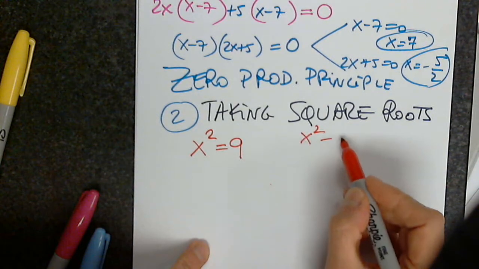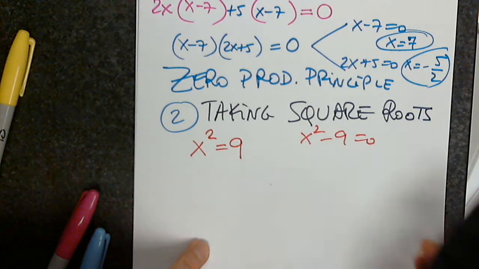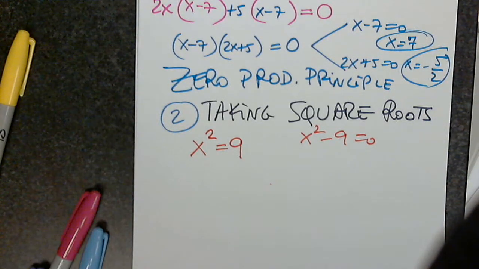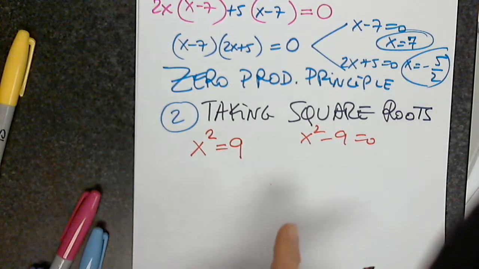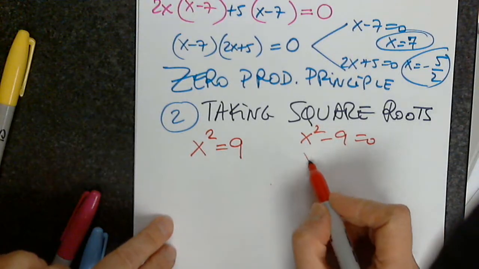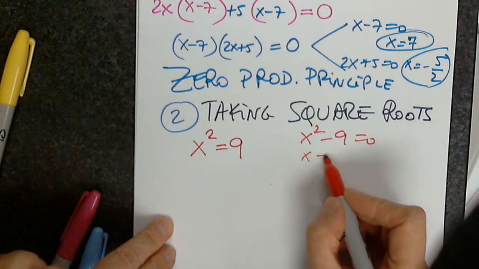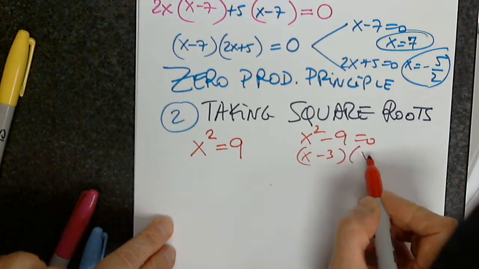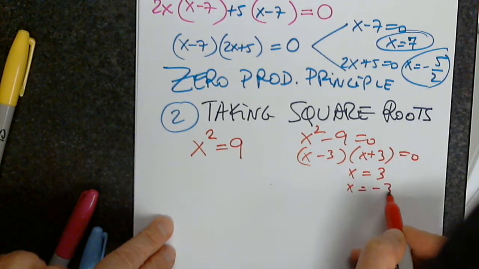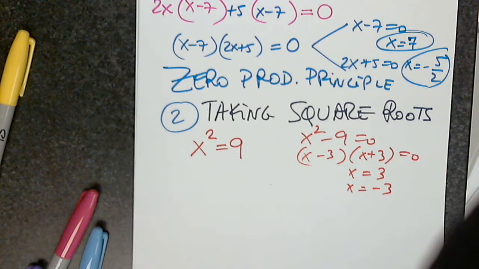I will say x squared minus 9 equals 0. And I have my agreement. Number 3. How do I factor this? Very good. Then I get 2 solutions as 3 and negative 3 as we discussed with the zero product principle.